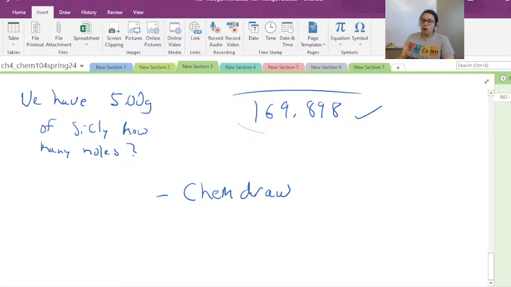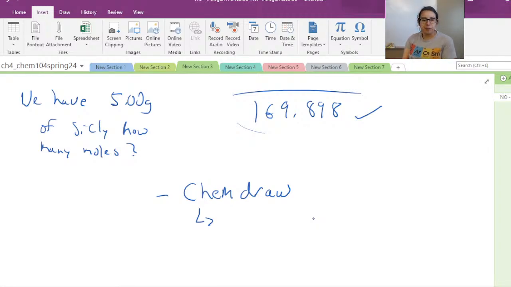But ChemDraw, for instance, can give you a much more accurate mass, because the problem is that you get into isotopic patterns as well. Not to go too far down the rabbit hole, but ChemDraw would give you the isotopic pattern, so every mass you expect for the different potential isotopes.